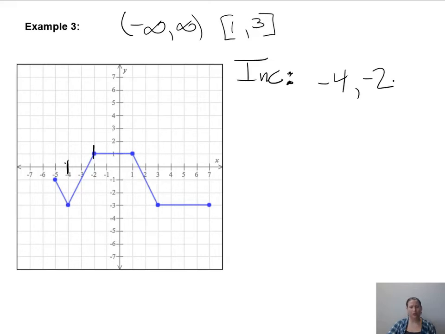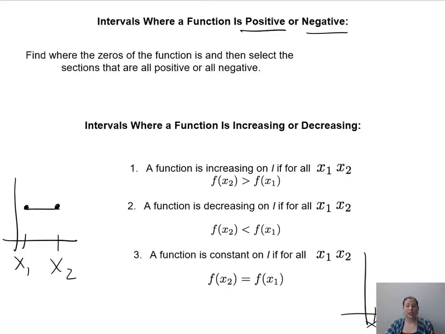Do we not include those points? Let's go back and think about what it said on that description. What it's saying here is that the point after a point needs to be above it or below it to be increasing or decreasing, right?